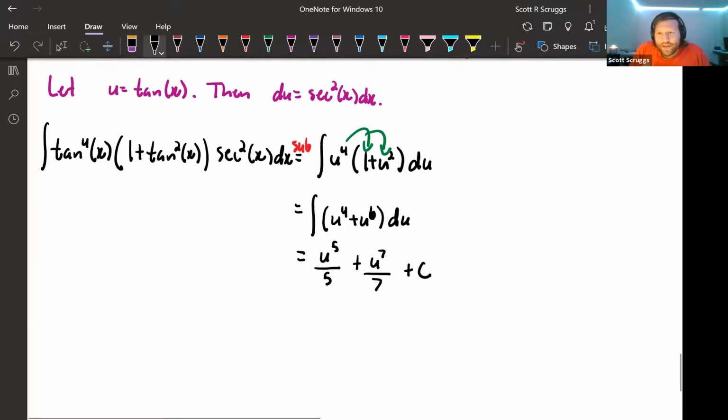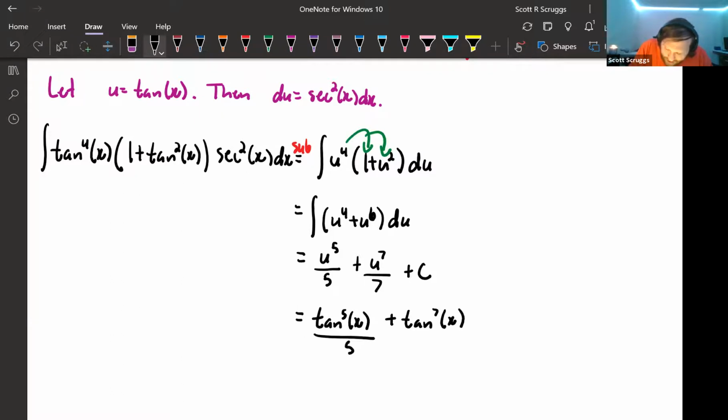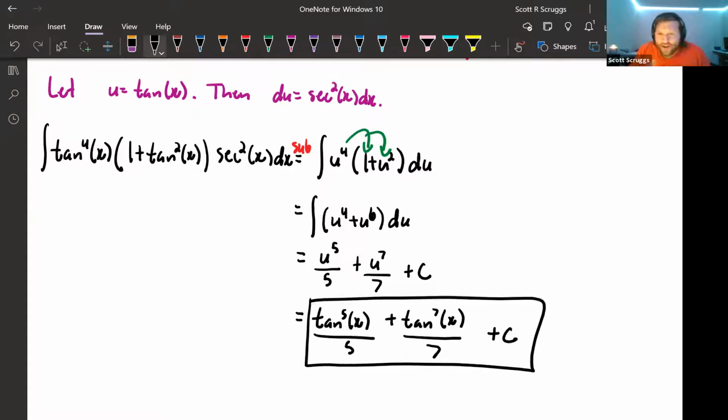And because I did a u sub, I have to call back what u was at the very beginning. So tangent to the 5th power of x, divided by 5, plus tangent to the 7th power of x, divided by 7, plus c. And that is my final answer for that particular problem.